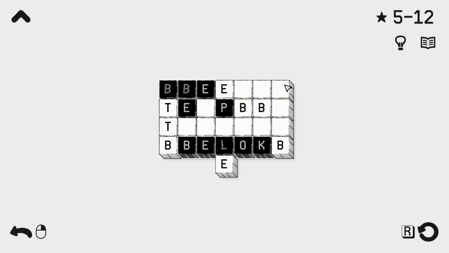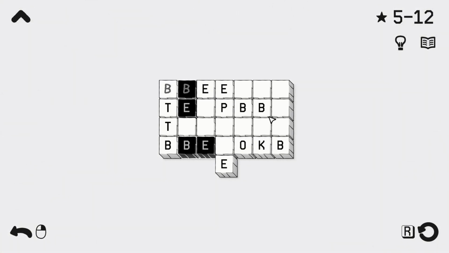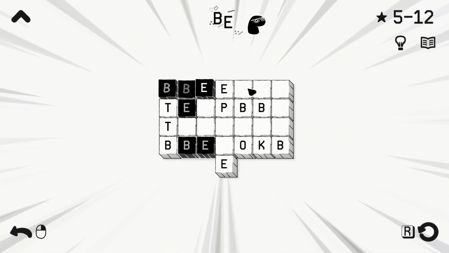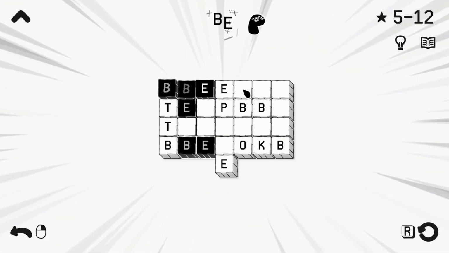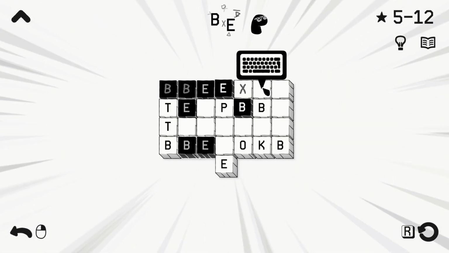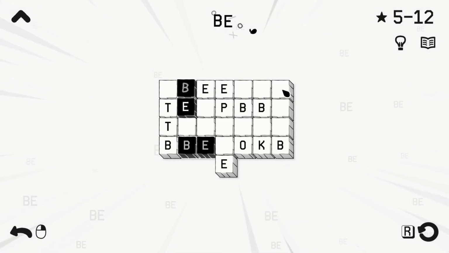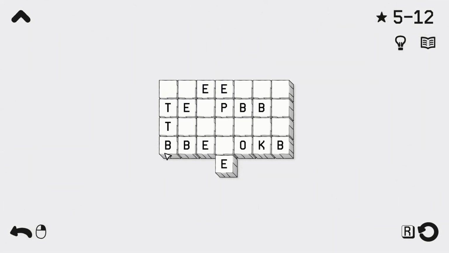Again, I'm getting to this situation where I can't get ahead of what... And I'm adding B's. I'm adding B's and making more garbage for myself in this puzzle.